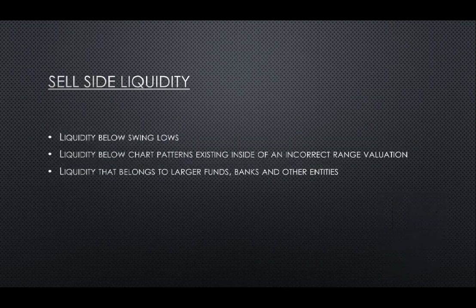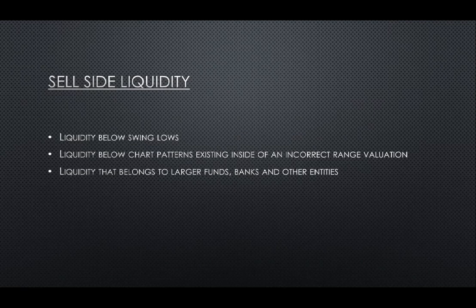So now when we talk about sell side liquidity, it's the opposite. It's basically the liquidity that's below swing lows. And now when it comes to chart patterns, when you are looking to buy, chart patterns that exist inside of premium, which is inside of the range that you are valuing, is an incorrect range valuation, and the stops over there are going to get induced.